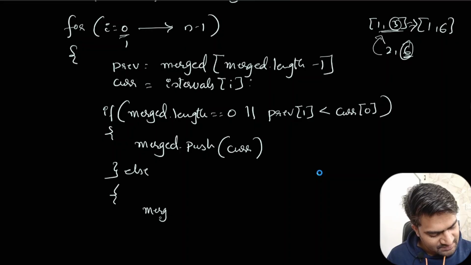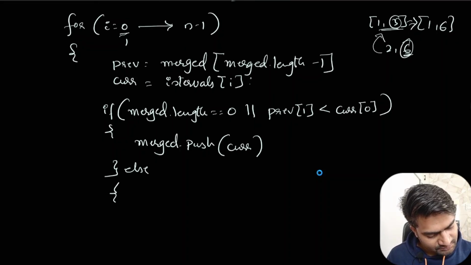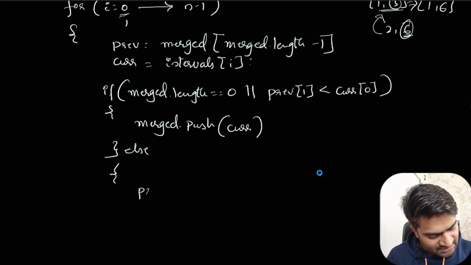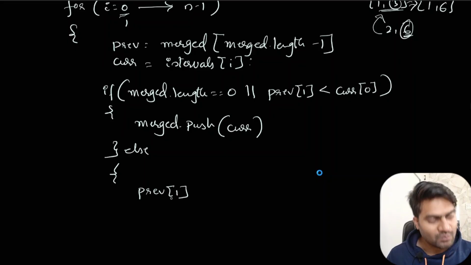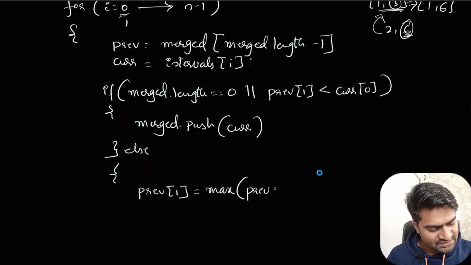So I will say my previous of 1, so that is basically this particular value, is equal to max of previous of 1 comma current of 1.